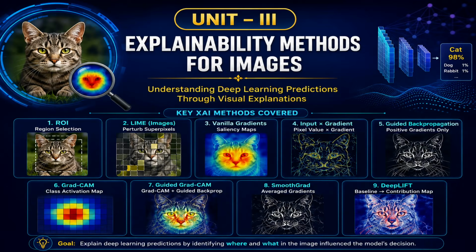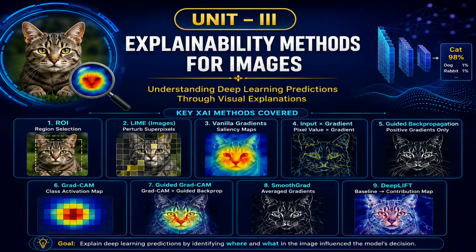In our last class, what we learned was that the explanation output was some kind of number and some kind of weight, importance score. Means it was more of a quantitative output.